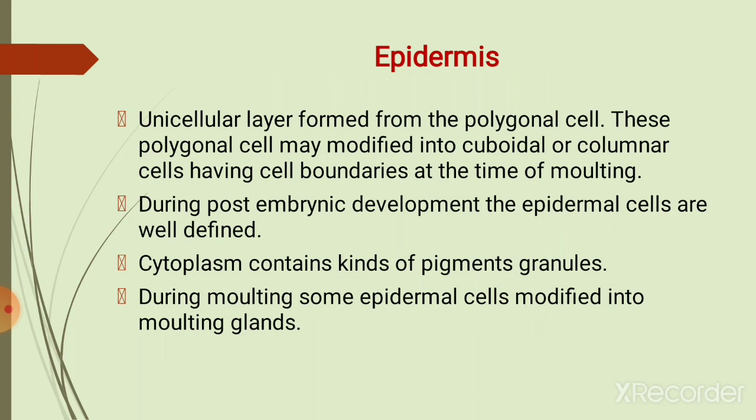However, in the old adult insect, the epidermal cells undergo degeneration and the epidermis is represented by nuclei lying below the cuticle. During post-embryonic development, the epidermal cells are well defined. The nuclei are polyploid, possessing a large number of nuclei. The cytoplasm is characterized by containing various kinds of pigment granules.